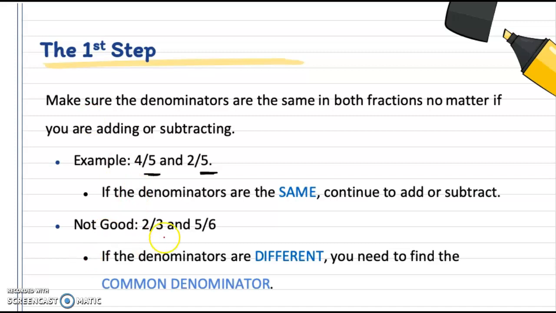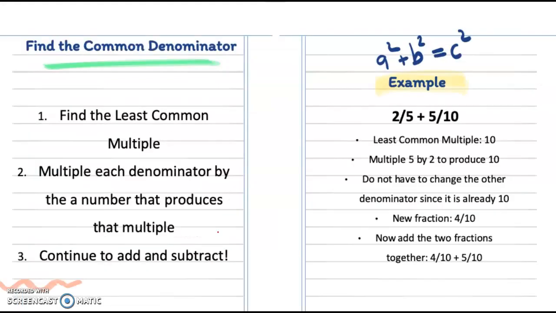In the other example I provided, you can see it's 2 over 3 as well as 5 over 6. As you can see, the 3 and the 6 are different numbers, so we cannot add or subtract. What we have to do is find the common denominator in order to go to the next step of adding or subtracting.